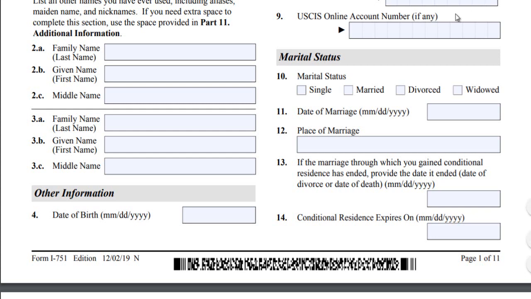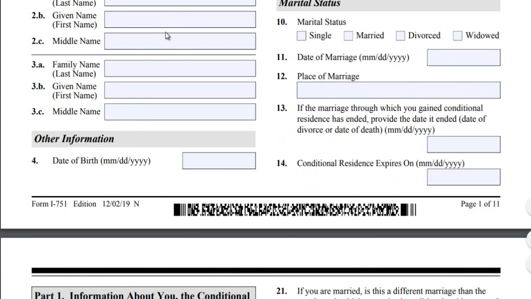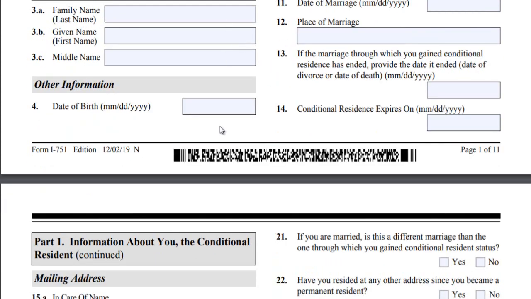If you're filing for a waiver of the joint filing requirement because the conditional resident or child was battered or subjected to extreme cruelty, did you provide the following? With respect to abuse waivers, you may file your form with any credible evidence relevant to the application. The determination of what evidence is credible is solely up to USCIS.